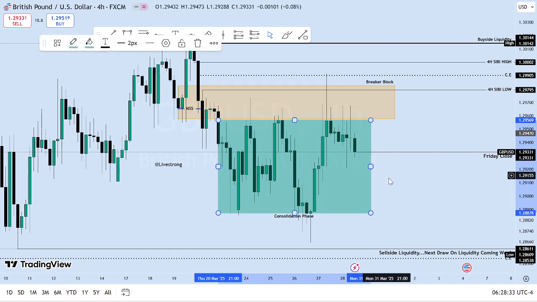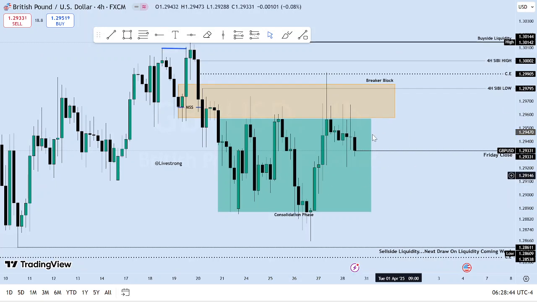So we wait for price to take one of the liquidity, the sell side liquidity or buy side liquidity, with a manipulation phase. That should be a manipulation phase. We already have consolidation here. This is a consolidation phase. The whole of this price action here, price movement.